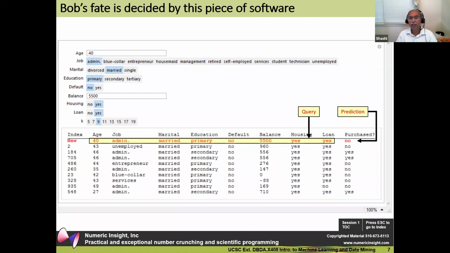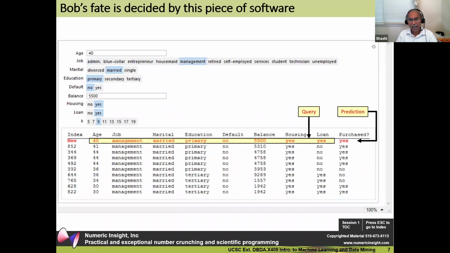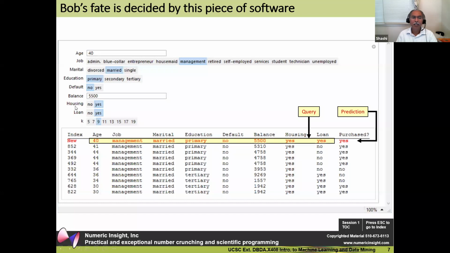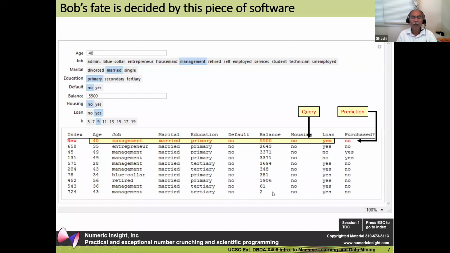Okay, this is no, this is yes. And you can also see here, if this housing status changes from yes to no, you can see again this class label, which is the prediction, is changing from yes to no. Okay, so it is working.